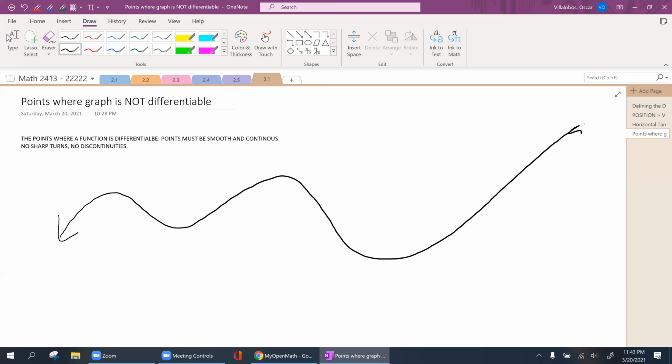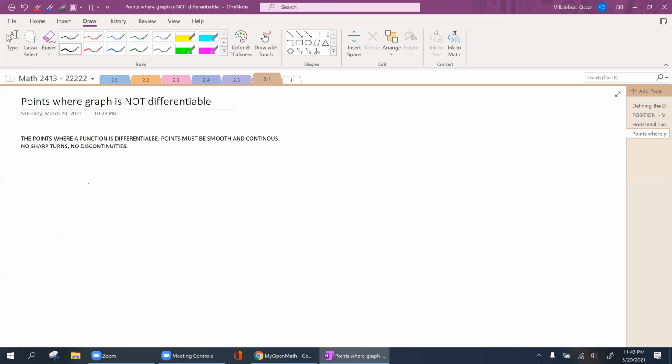You may be asking, I already know what continuous is, how do I know if something is not smooth? Something is not smooth if it takes a sharp turn. That point right there is not smooth. That made a sharp turn, which means your function is not differentiable there.